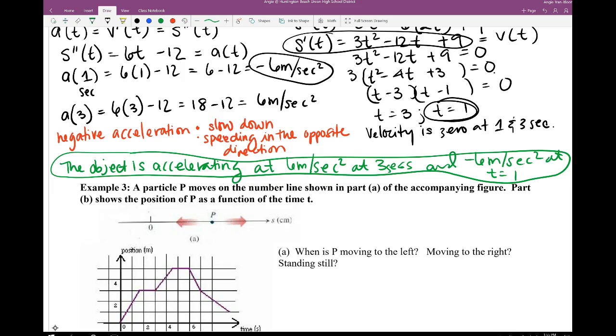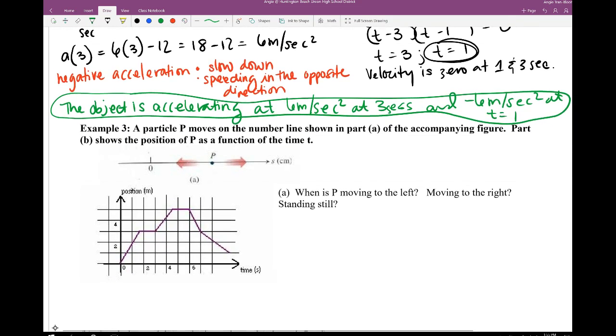All right, next one. Example 3. A particle P moves on the number line shown in part A of the accompanying figure. Part B shows the position of P as a function of time t. So let's look at the two parts.